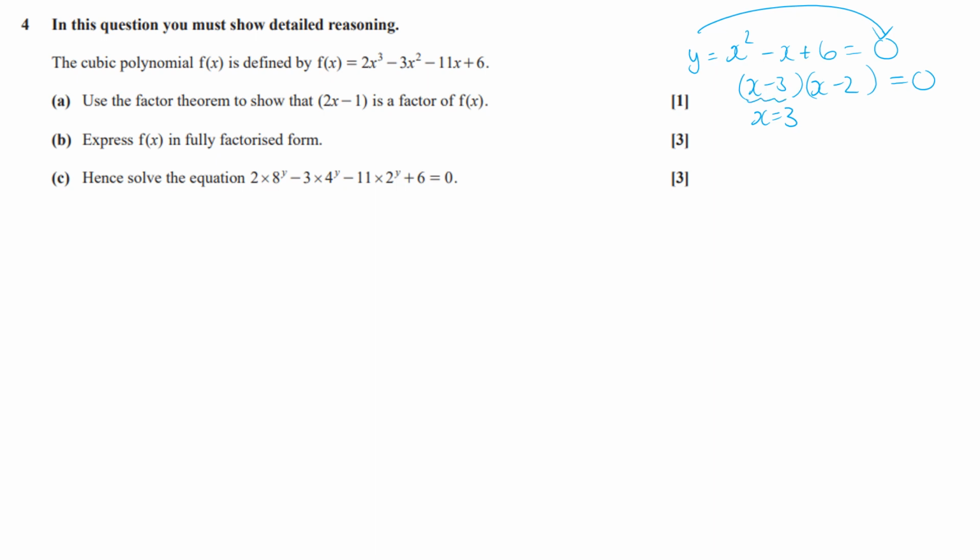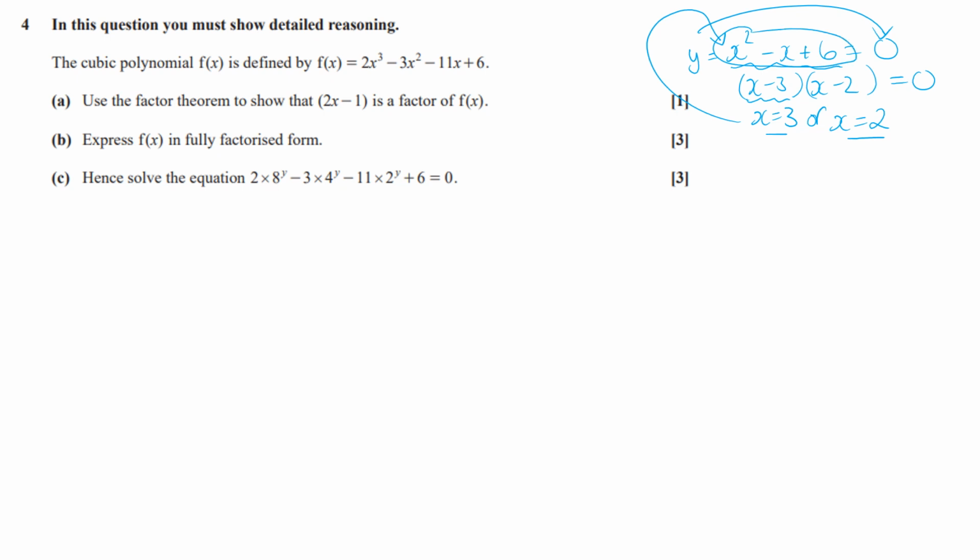So what value makes that bracket 0 when x is the opposite, if you like? X is going to be 3 or x is equal to 2. So in factorized form, the value that is the solution when it goes back into the multiplied out polynomial, then that will make this equal 0. So that is what you're looking for.